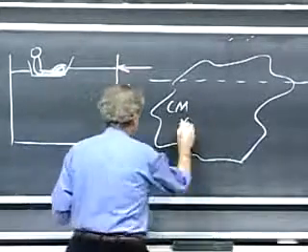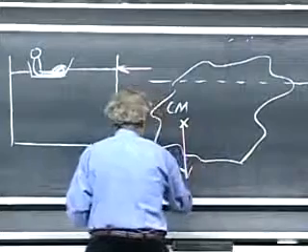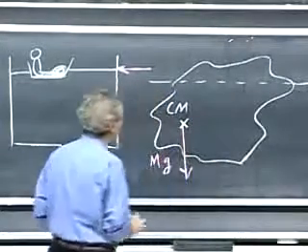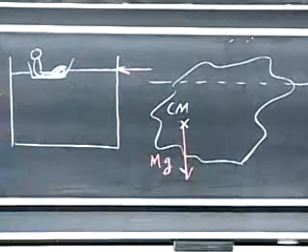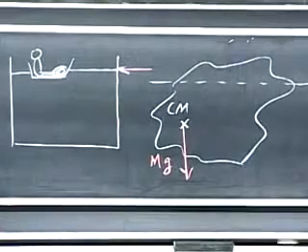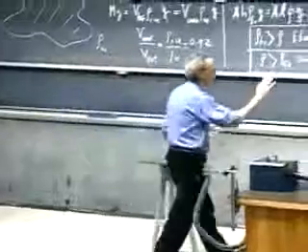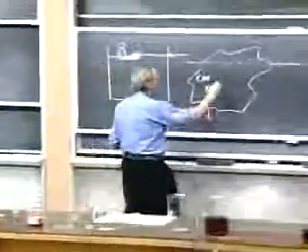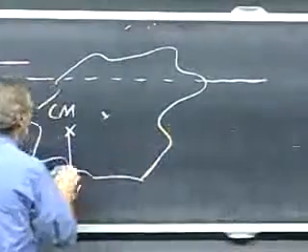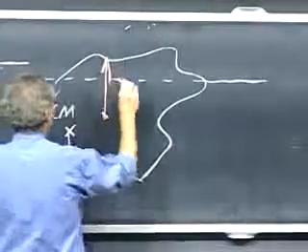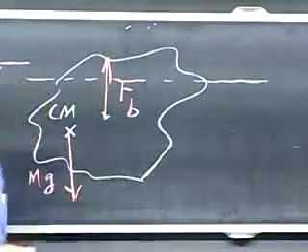So if this object has a certain mass, then this is the gravitational force. But now look at the center of mass of the fluid that is displaced. That's clearly more here, somewhere here, the displaced fluid. That is where the buoyant force acts.